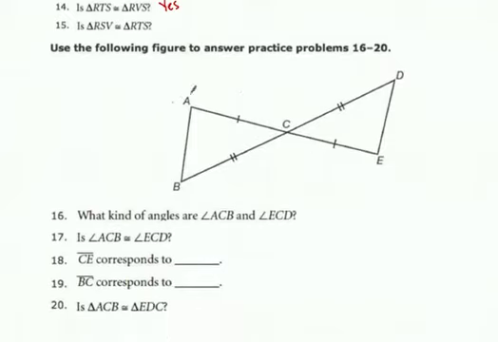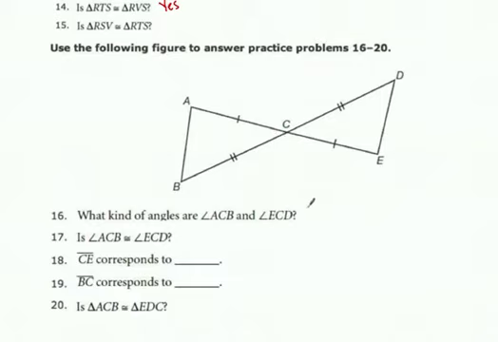All right. In the figure below, we're going to answer practice problems number 16 through 20. What kind of angles are angles ACB and ECD? This is information that you covered earlier in the week. Remember that when these two triangles are connected, the angles that are across from each other are what we call vertical angles.